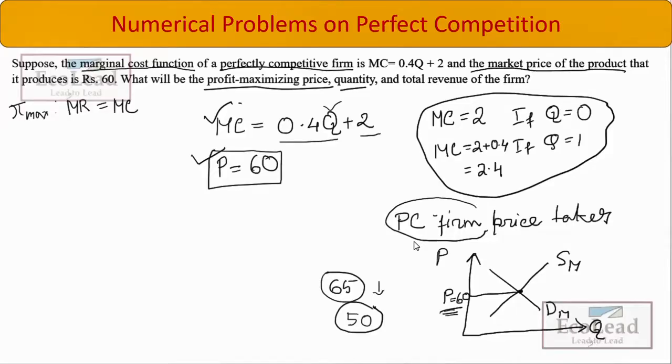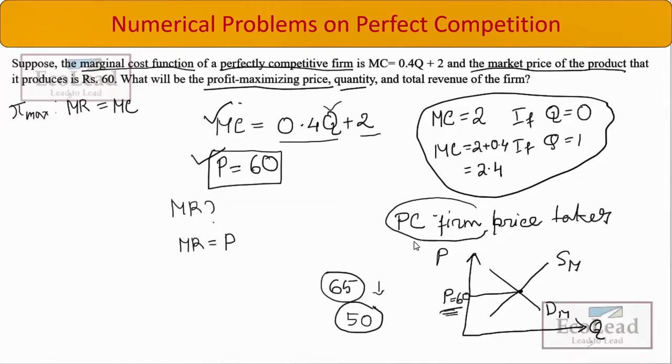So what will be the marginal revenue? Now when we studied the theory of the profit, there we understood that for a perfectly competitive firm, the marginal revenue is nothing but the market price. What is the logic behind it?